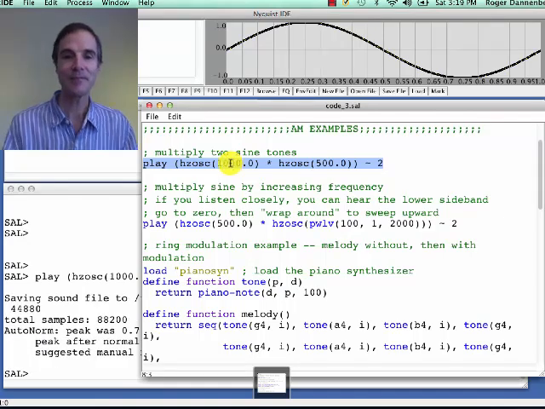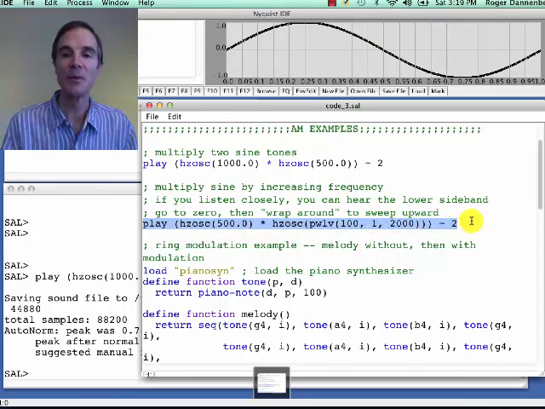Okay. Now we'll do something similar, but the modulator is going to be generated by this hertz-osc function, which takes a frequency as input, and our input frequency will be a ramp. It goes from 100 to 2000 hertz.